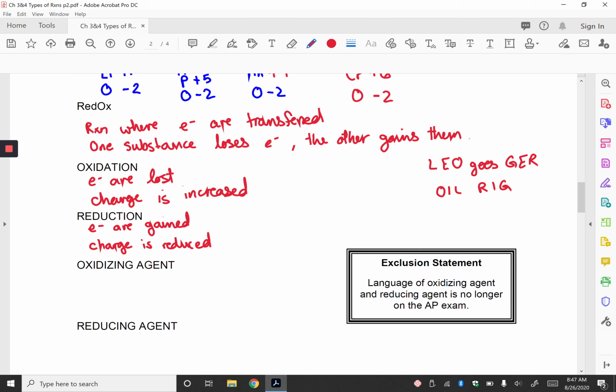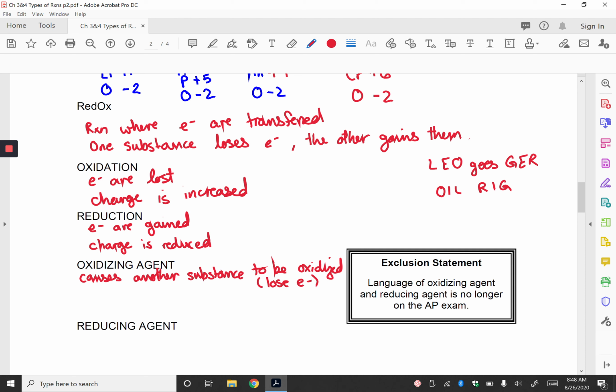It causes something else to be oxidized. So oxidizing agent means it causes another substance to be oxidized. So what does that mean? It causes something else to lose electrons.